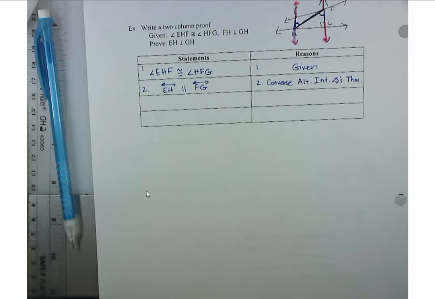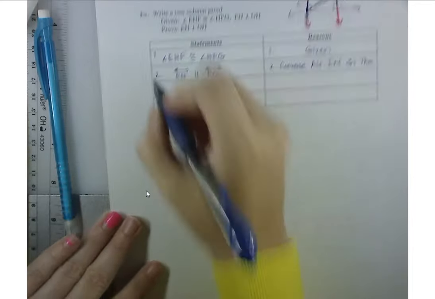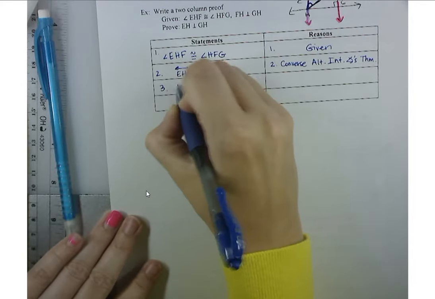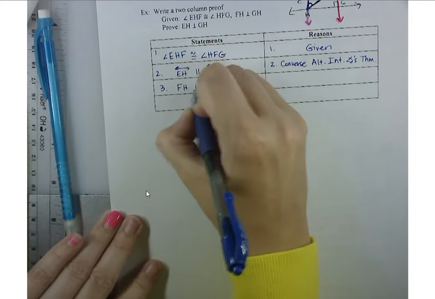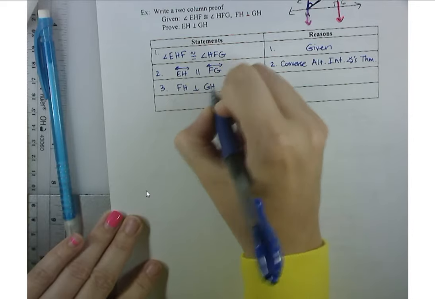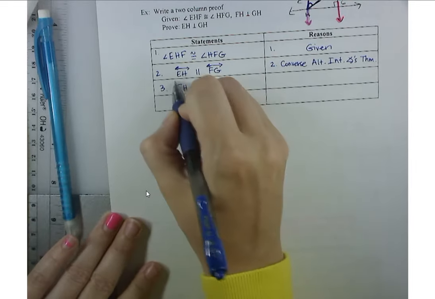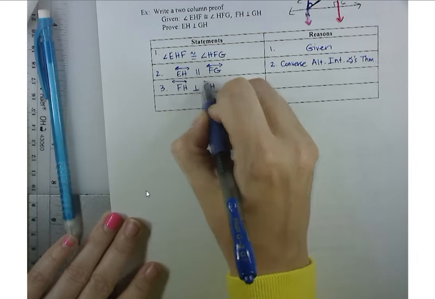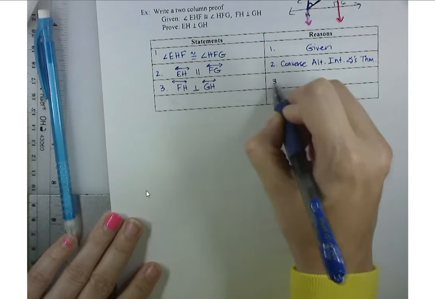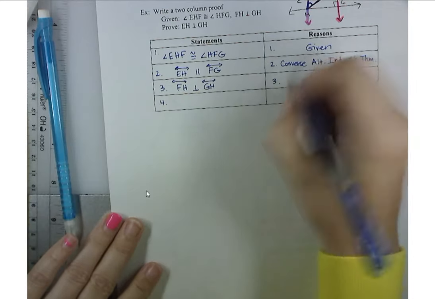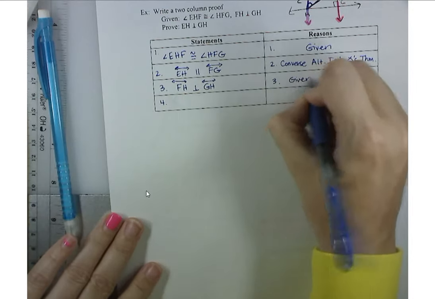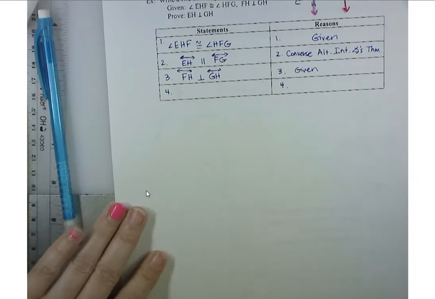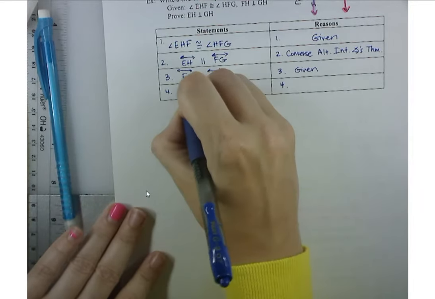Okay, well we have to put in our other given statement, which is that FH is perpendicular to GH, and we're going to put our arrow symbols in there. And that is going to be given. And then we also know our last step has to be what we're going to prove.